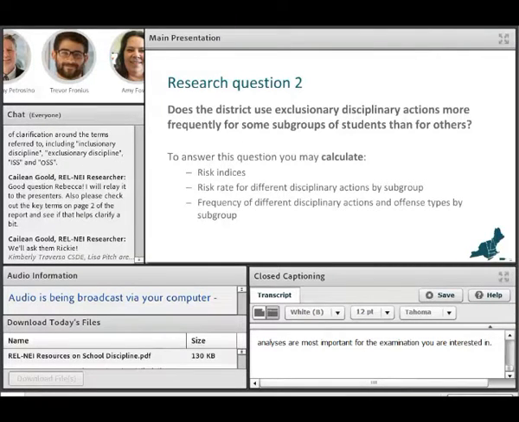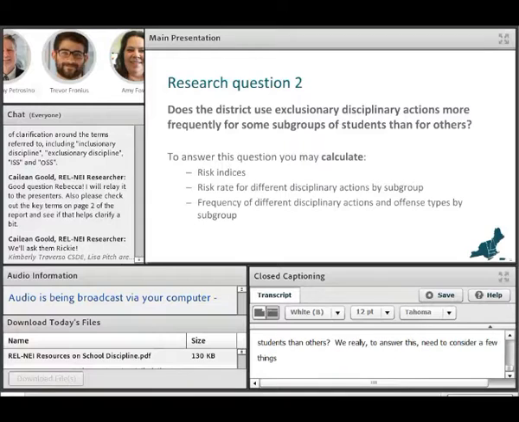All right. So the research question here: does the district use exclusionary disciplinary actions more frequently for some subgroups of students than others? To answer this, we really need to consider a few things.